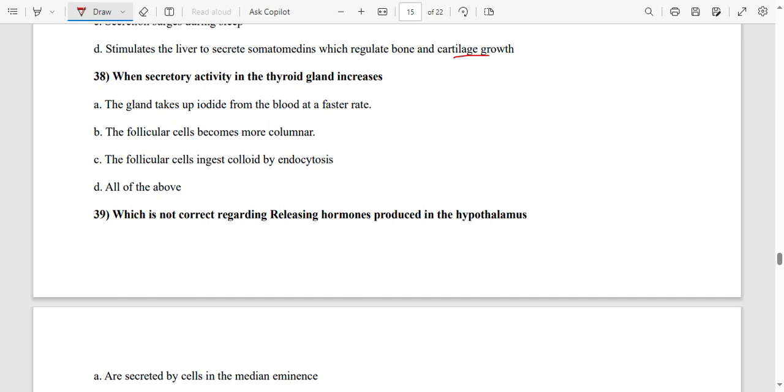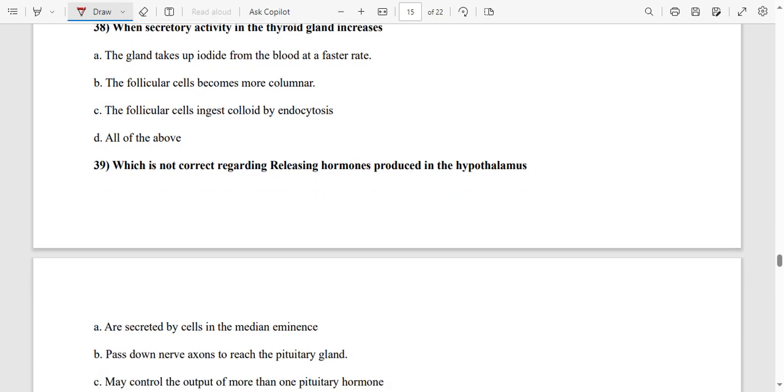The thyroid gland releases thyroid hormone, which is made up of T3 and T4, and there tyrosine is necessary, iodine is also necessary. So if the activity of thyroxine is supposed to increase, the gland is supposed to take up more iodine, meaning that option A is correct.